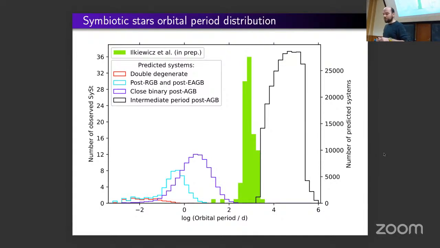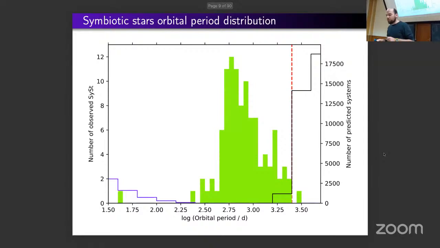And here you can see a zoom, and the red dashed line is our observational limit, because in the past we thought, okay, maybe the orbital periods are of order of dozens of years. Maybe our detection limit is too short. We don't have enough time span of observation to detect the orbital periods.